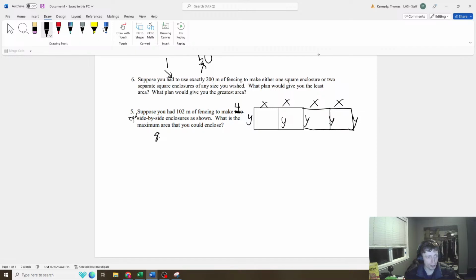So that's 8 total x's. And I have 5 total y's. And that equals 102. Uh-oh. That number doesn't look very nice. All right, and then the area of this is going to be 4x long and y tall, and that's what I'm trying to maximize for this.